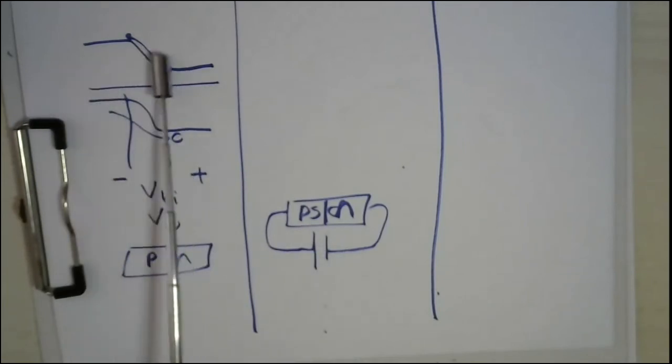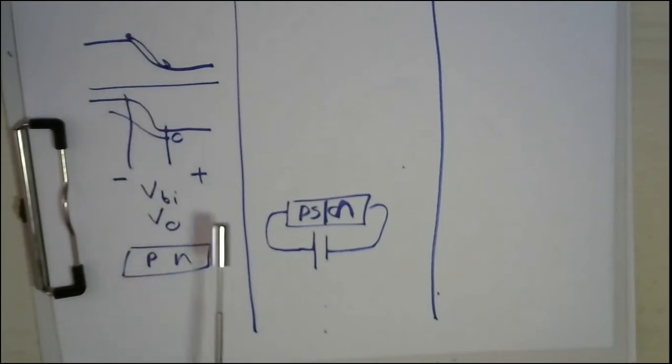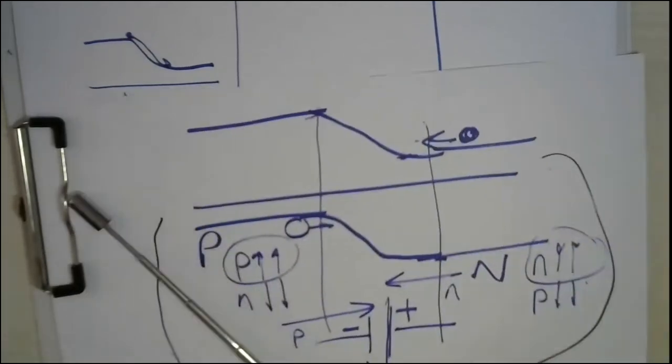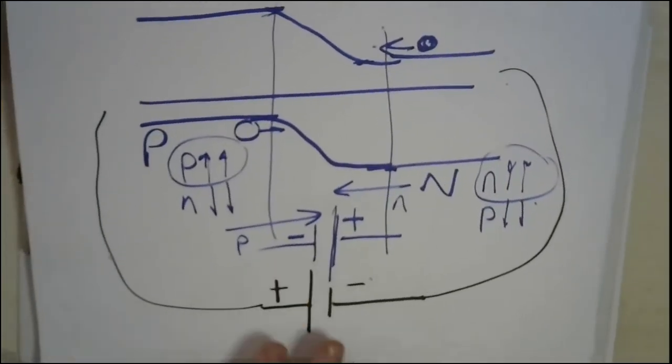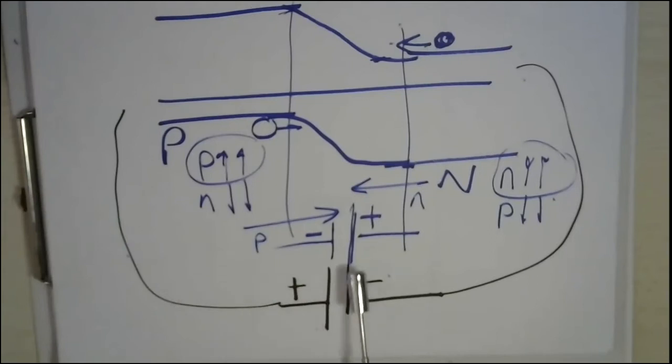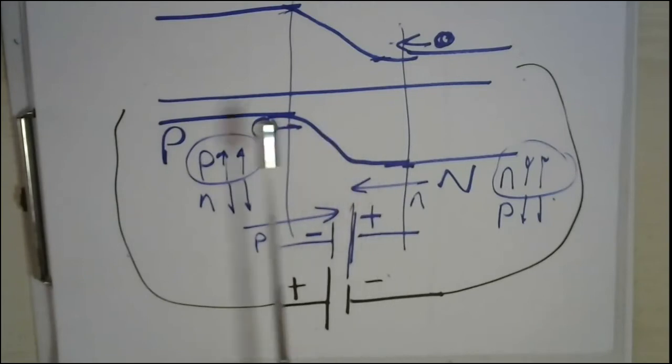That means you are pushing electrons. As I mentioned, and maybe we already demonstrated this in the previous slide, whenever you add a potential which is against the built-in potential, now you have two opposite potentials. And the one who will win is the larger one.